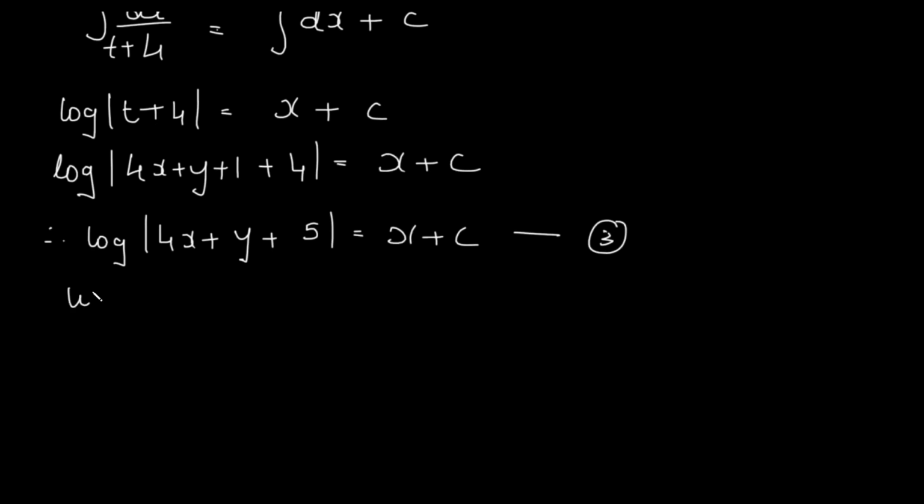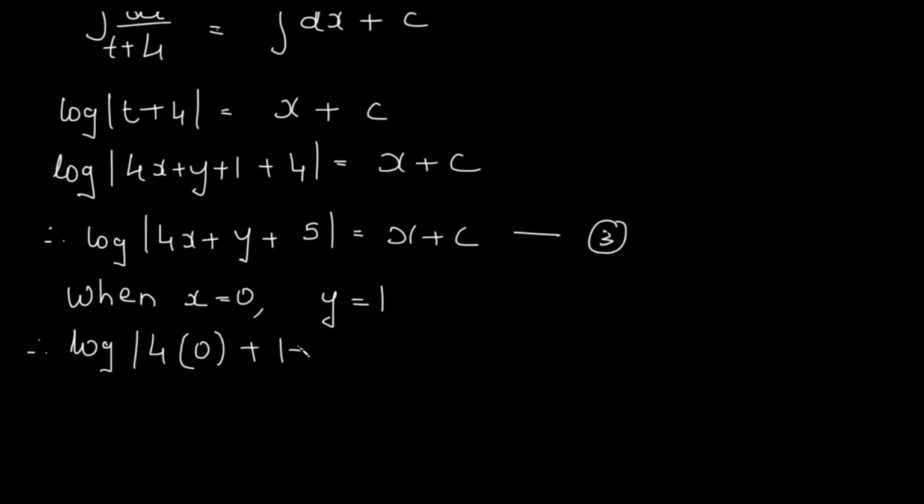Then finding the particular solution. In this case, when x is equal to 0, y is equal to 1. And therefore we get log of 4 into 0 plus 1 plus 5 is equal to 0 plus c.